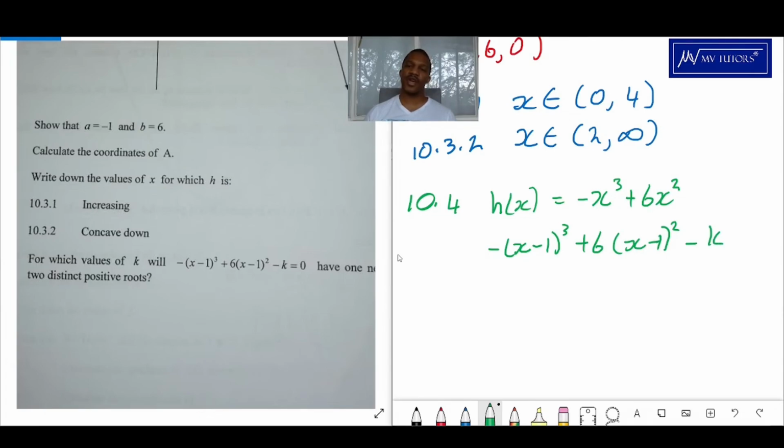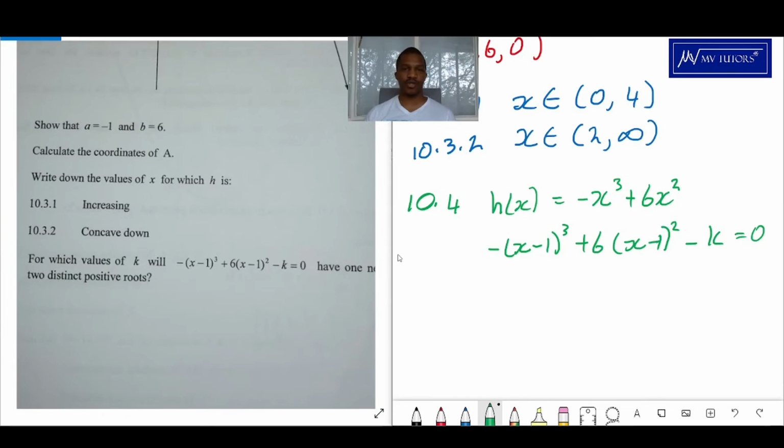So we can see this x minus 1 is a horizontal shift to the right, and then k is a shift on the vertical.